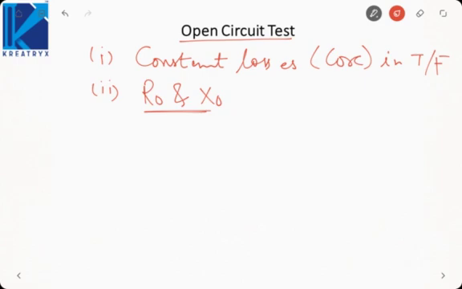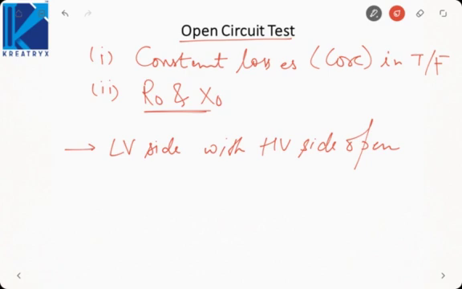Now, how will this test be conducted? This test is mostly conducted on the low voltage side with the HV side open. We keep the HV side open and conduct this test on the low voltage side. Why? Because this test must be conducted at rated voltage and rated frequency.